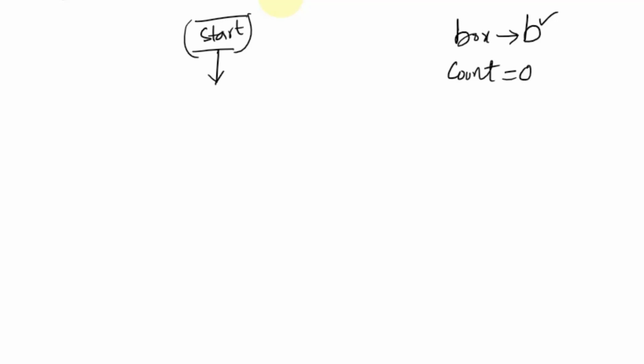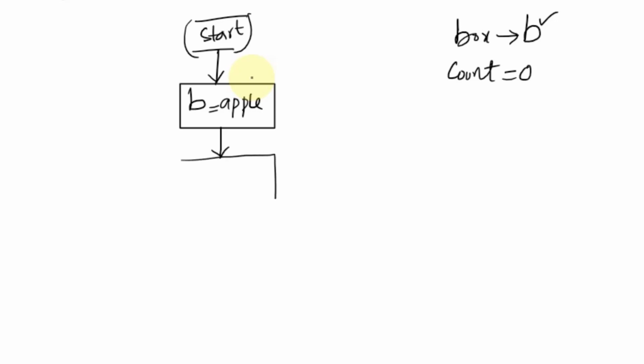So at the start, what will happen? In B, he will put an apple. This is the assignment statement which I have used. When he puts it here, I will use the statement count = count + 1.